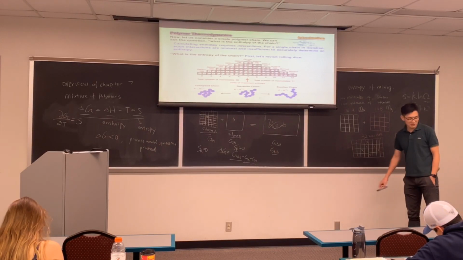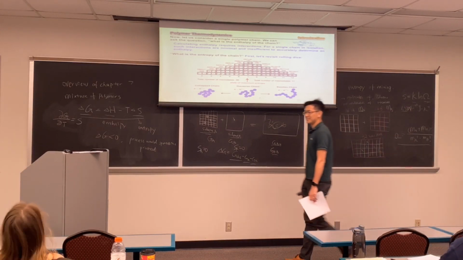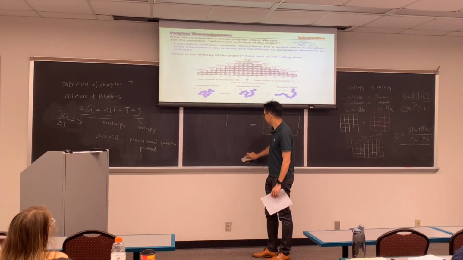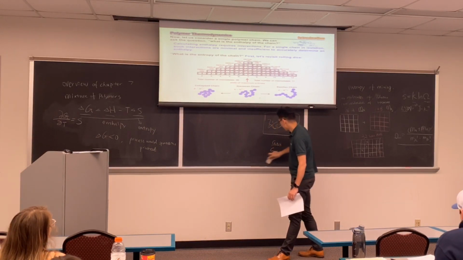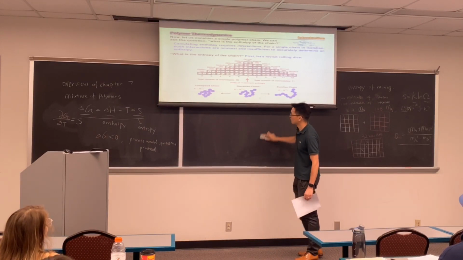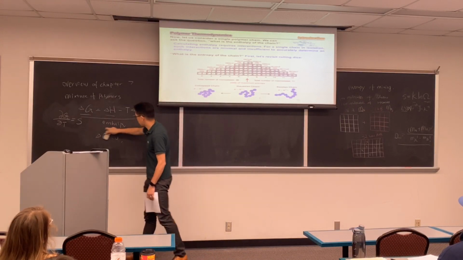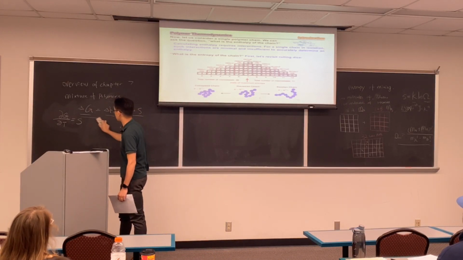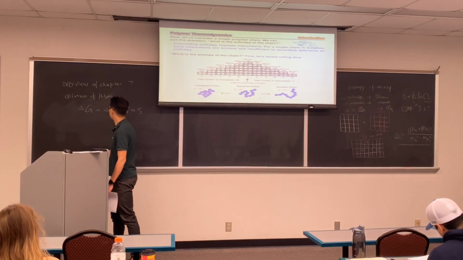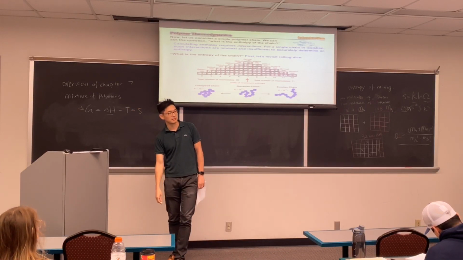So if somebody can help me calculate this, I want the entropy. We can start with a generic term to calculate the entropy of mixing. Then we will go back to get the enthalpy. What would be the entropy of mixing?